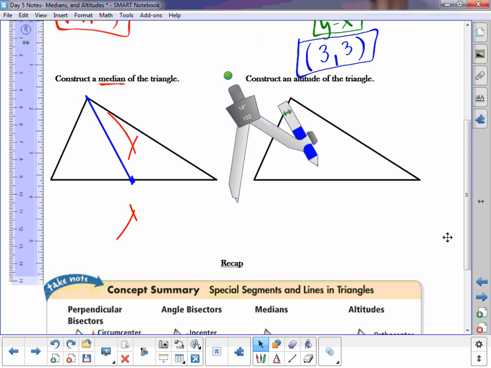And there is my median. So again, go ahead and mark in your diagram that these are congruent so that can indicate to you that this is your median.